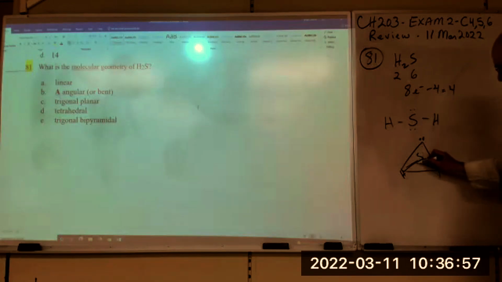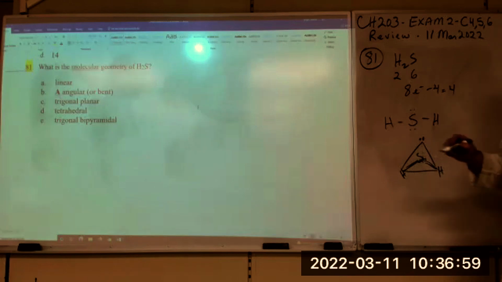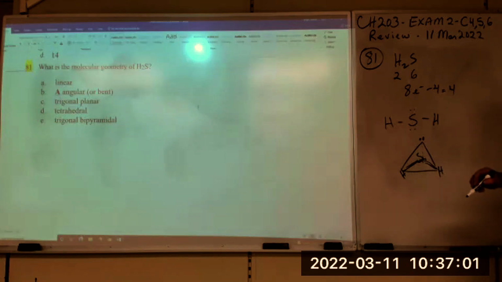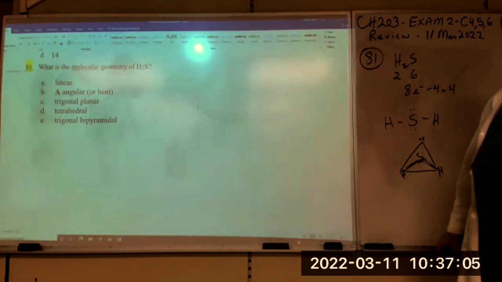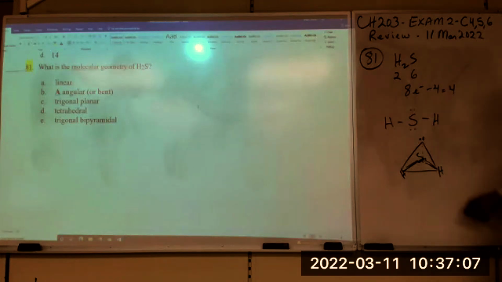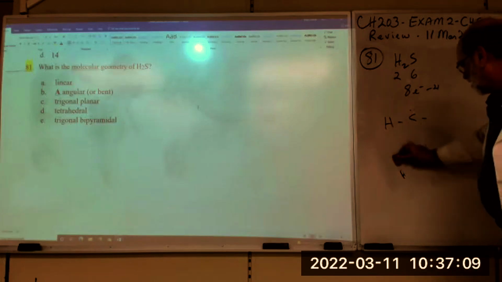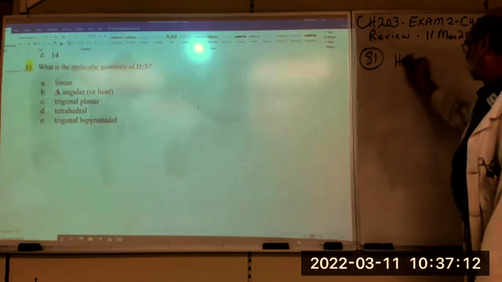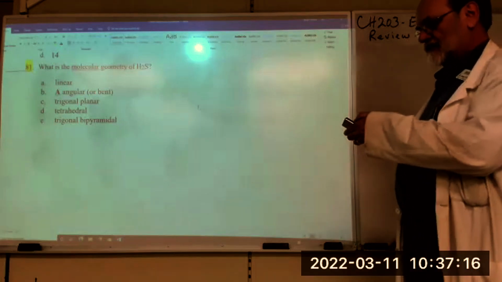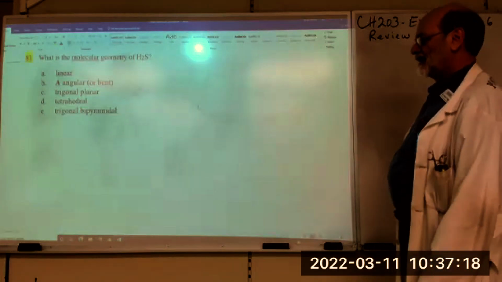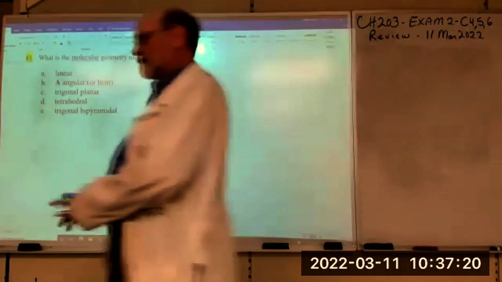Now the bond between hydrogen and sulfur is bent. I think your textbook may use angular. Yeah, I like bent better. Which makes B the answer. Oh, is that it? That's it.